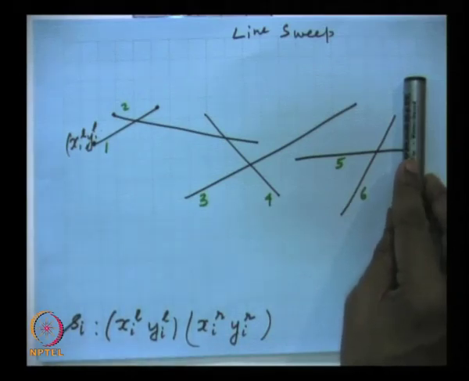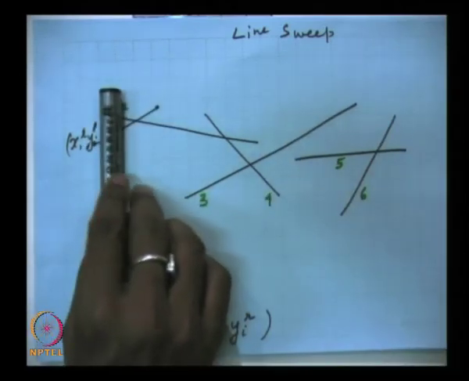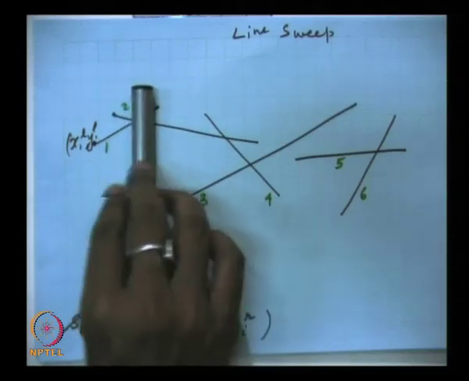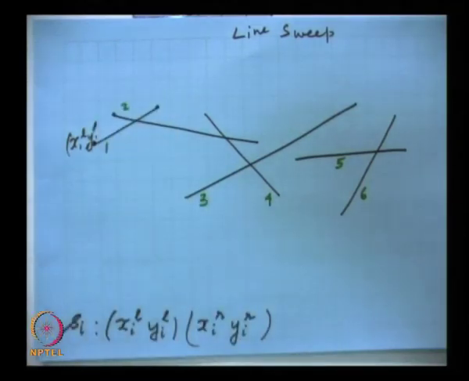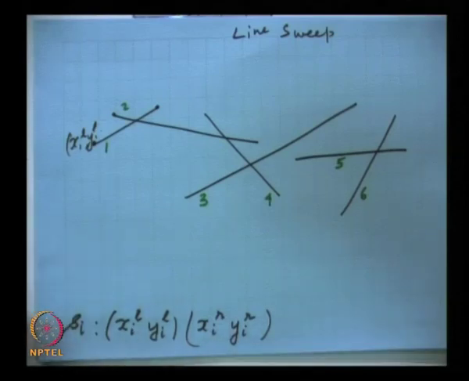Now, as we move this line, of course, I am saying we are moving it in a continuous fashion, we will not be able to actually simulate this, because a continuous moving line will take infinite time. So, we will only take snapshots at some junctures which will be interesting to us, and these are called event points.